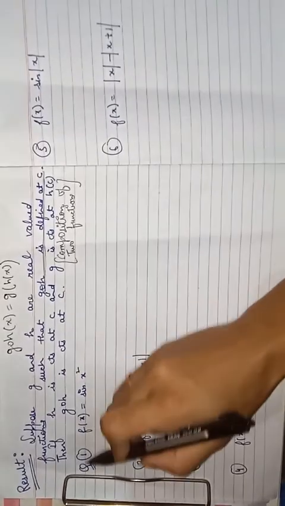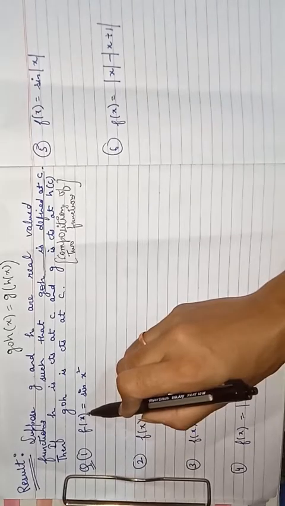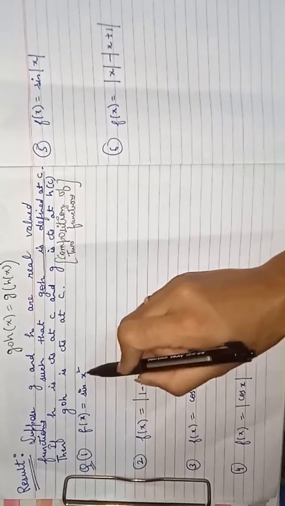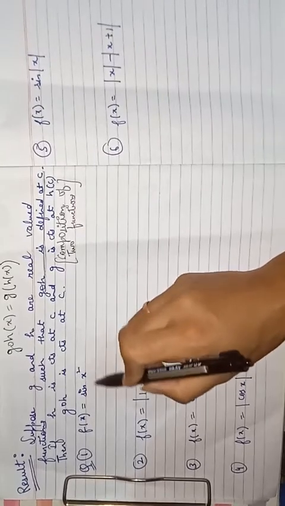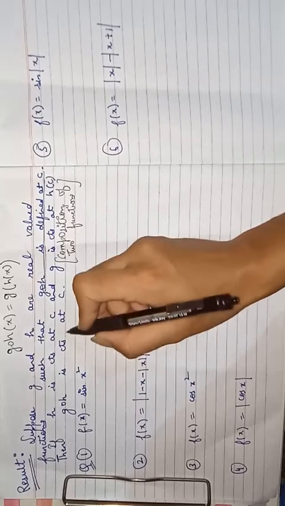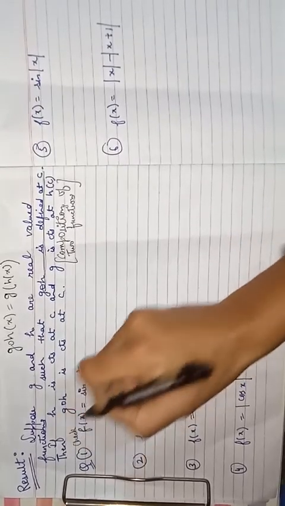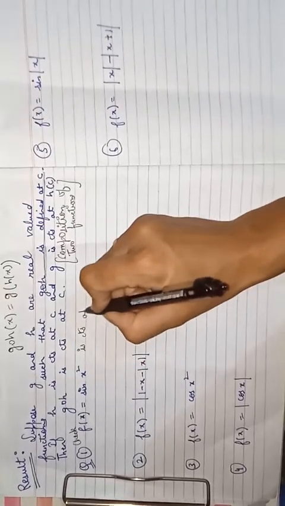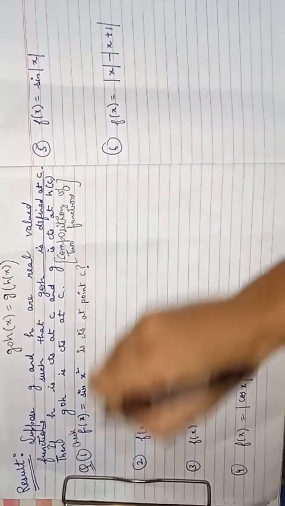Now starting with question number 1, which is the example number 19 from the NCERT book. f of x is sine of x square. We need to check that this function is continuous at point C, or any point. You can say: check f of x equal to sine of x square is continuous at point C. This is our question.